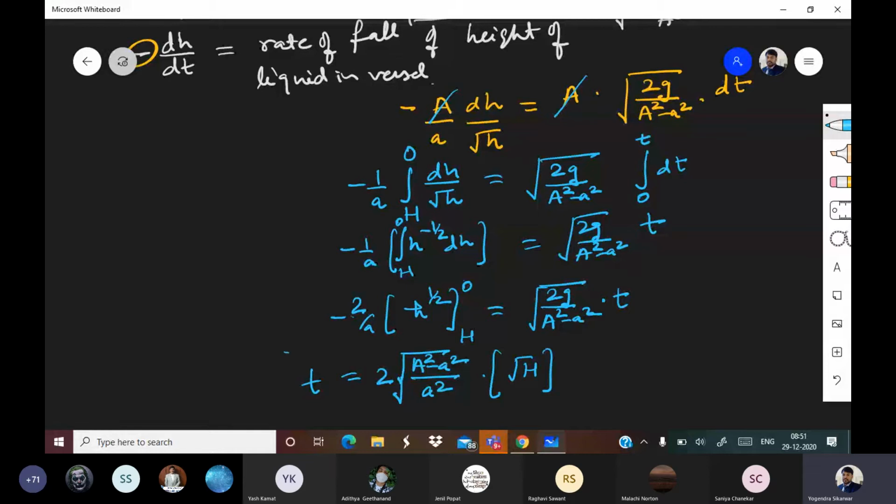So I guess this will be the answer. Into 2g also is there, so 1 upon root 2g. This is the answer.